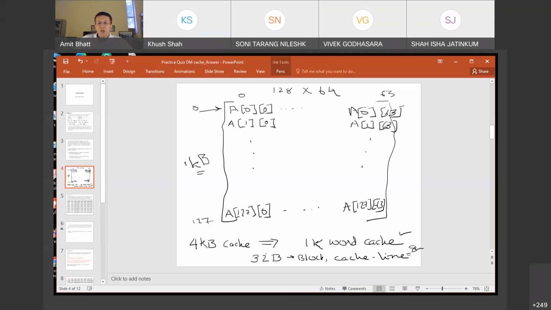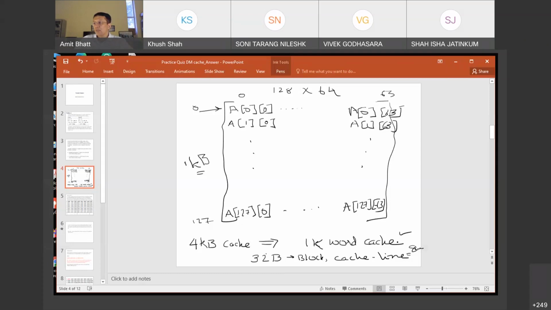So in a 1000-word cache, how many blocks or how many cache lines can be accommodated? Do you understand my question? I'm telling you that I've got a 1K word cache. That means 1024 words are possible to put in.